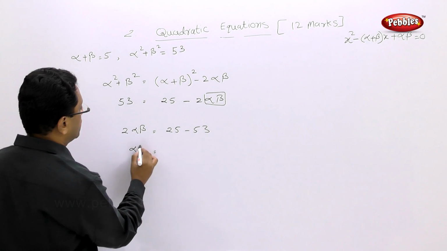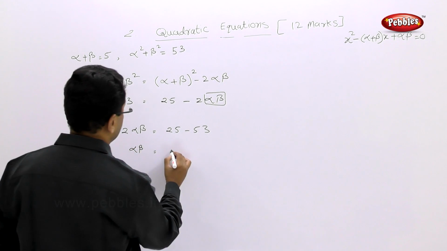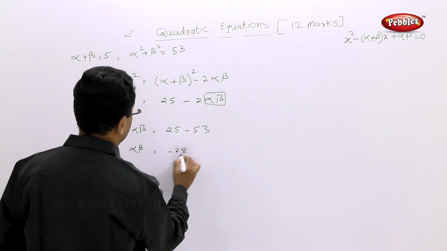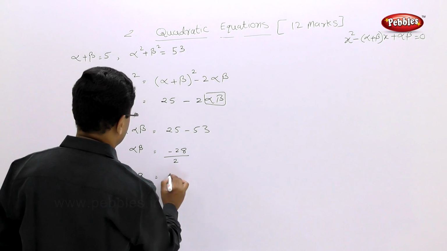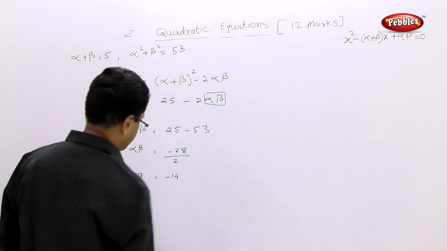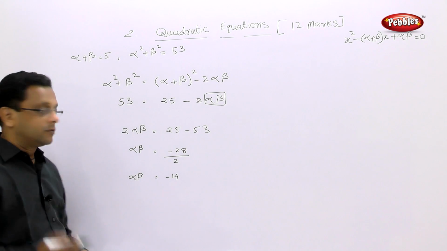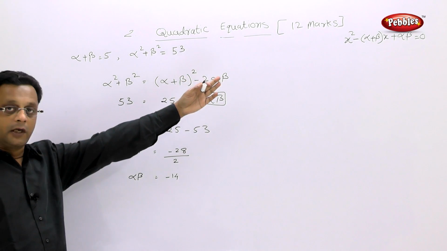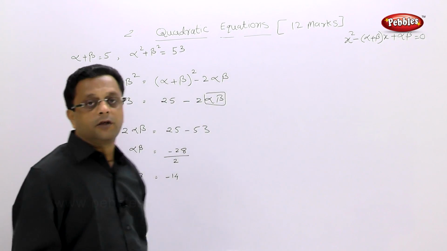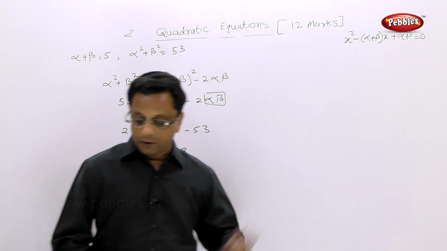So alpha beta is minus 28 upon 2. So alpha beta is equal to minus 14. So now you have alpha beta, you have alpha plus beta. So quickly formulate this equation. Pause your video and do it.